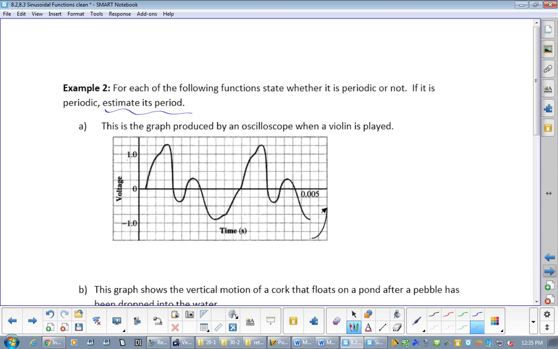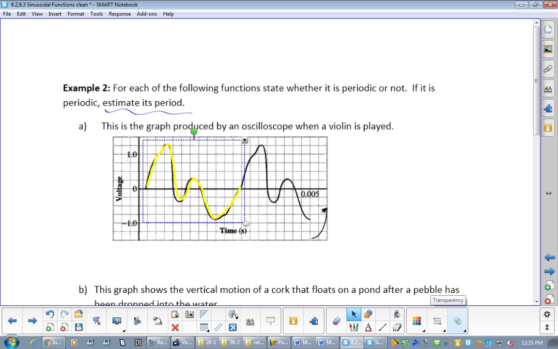Is it periodic? Is it repeating something? Well, because some people are yes, some people are no, I'm just going to trace it. Where should I stop? Right there.